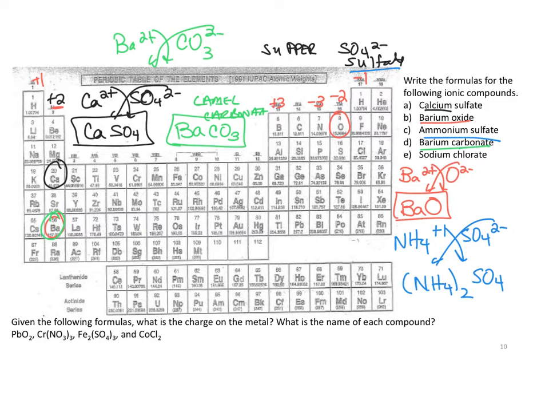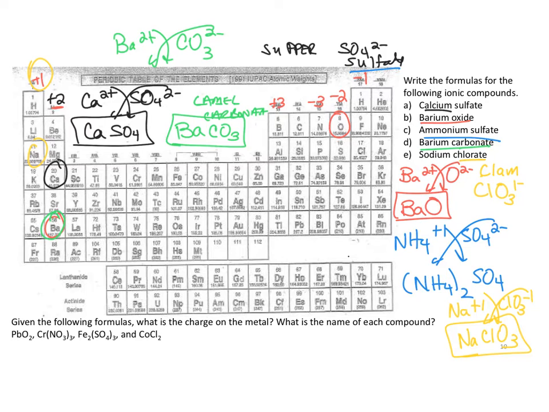Sodium chlorate. Well, sodium is here. It's in the +1. So you have sodium +1. And then chlorate. Chlorate is clam, and it's an 8. So ClO, there's 1, 2, 3 consonants, 1 minus. So ClO3, 1 minus is chlorate. And then when you cross those over to get your subscripts, you get sodium chlorate.